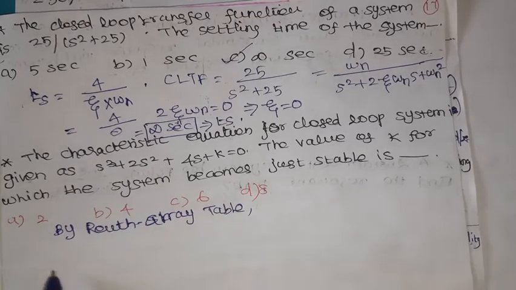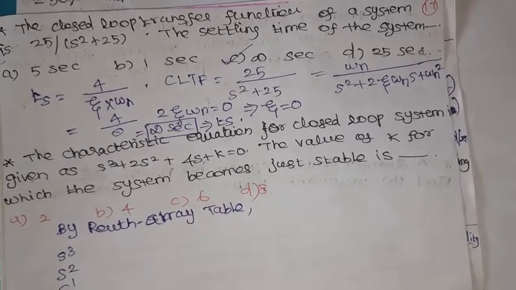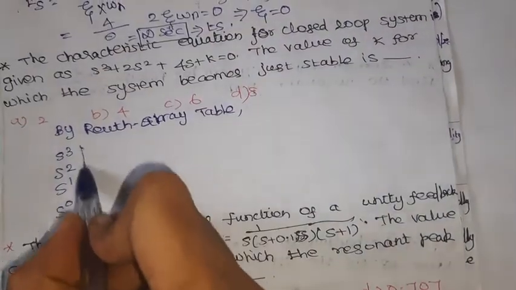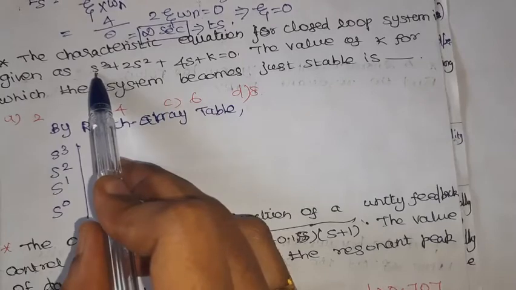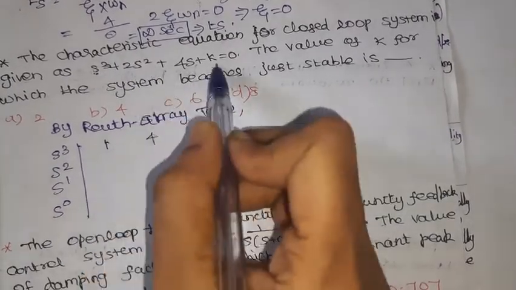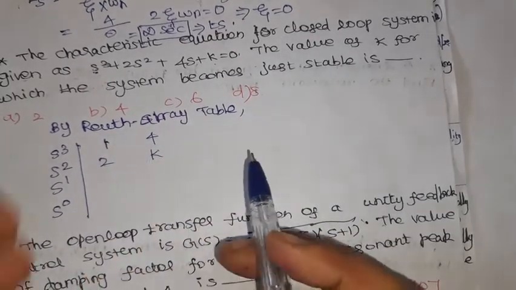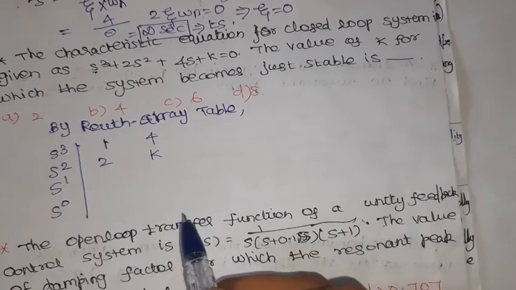Write down s cube, s squared, s power 1, s power 0. Just write the coefficients: the odd-power row is 1, 4, and the even-power row is 2, k. Then how do we form the next rows?